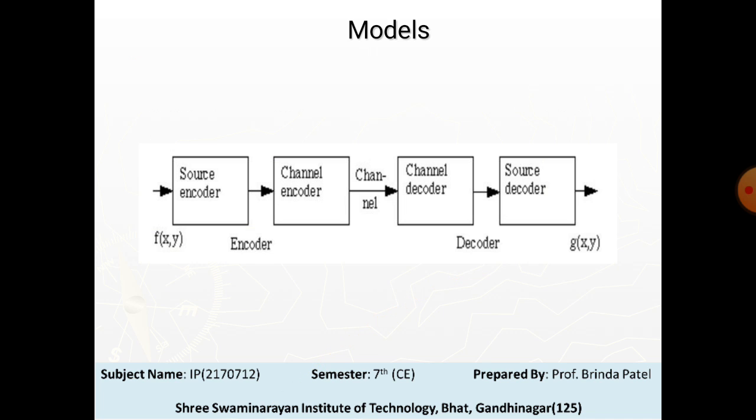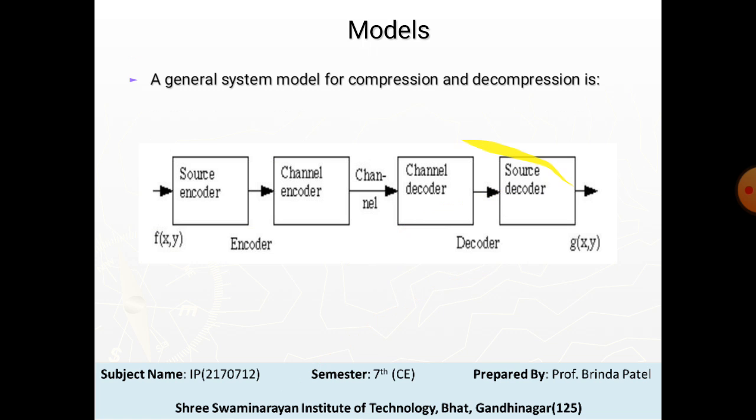So now let's understand the model. In a general system model for compression and decompression, here we can see the source encoder, channel encoder, channel decoder and source decoder. It is customary to use the names encoder and decoder, which have their roots in the field of information theory, rather than the names compressor and decompressor.